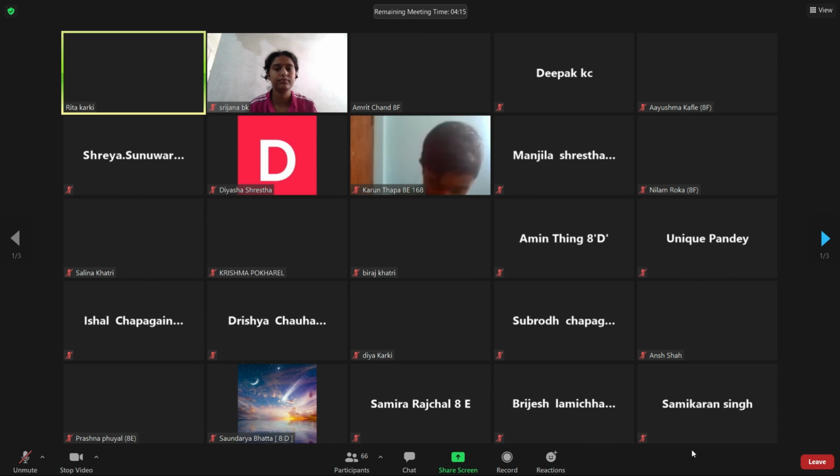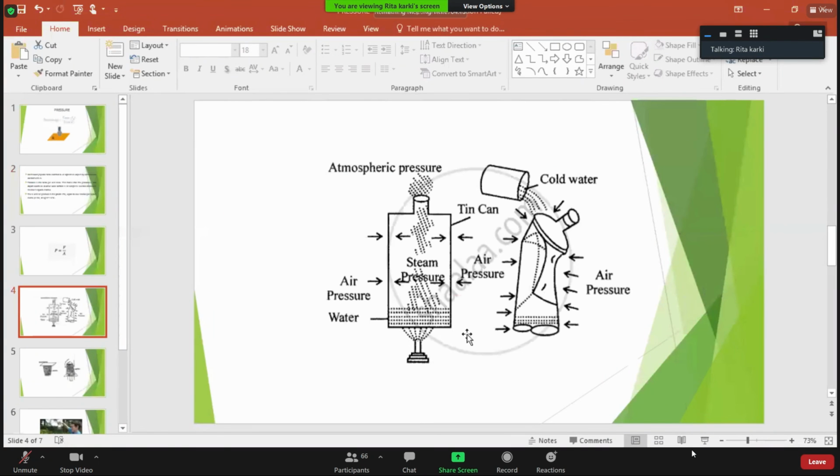Heat the water that is present inside the metallic can. After a period of time when the water starts to boil, close the lid of the can properly and cool the can. Let the can cool for some period of time.